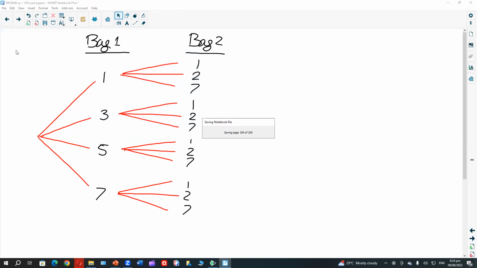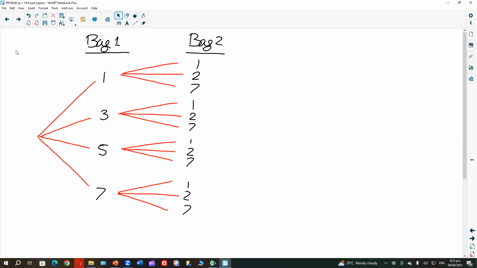Okay, sir, I copied it. This is called a tree diagram. So what is the concept? Repeat that bag 2, every number is repeated with bag 1.